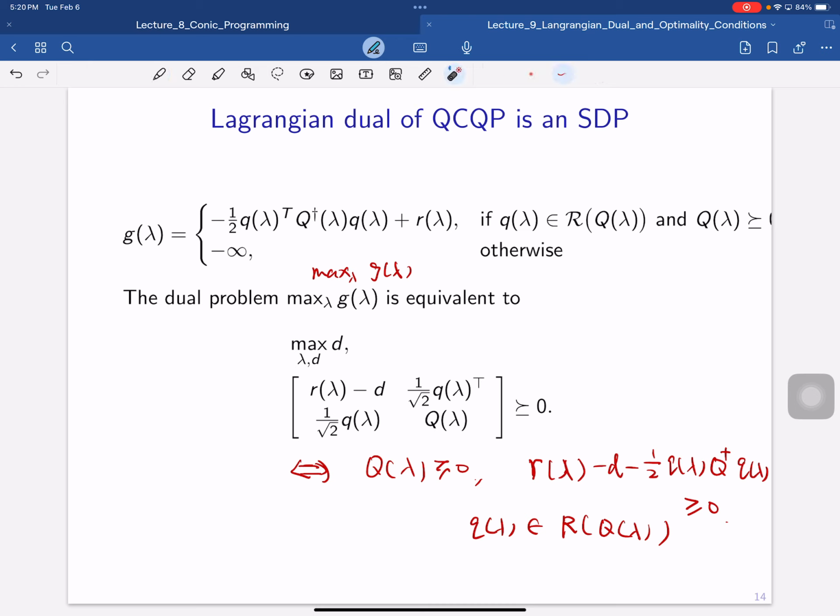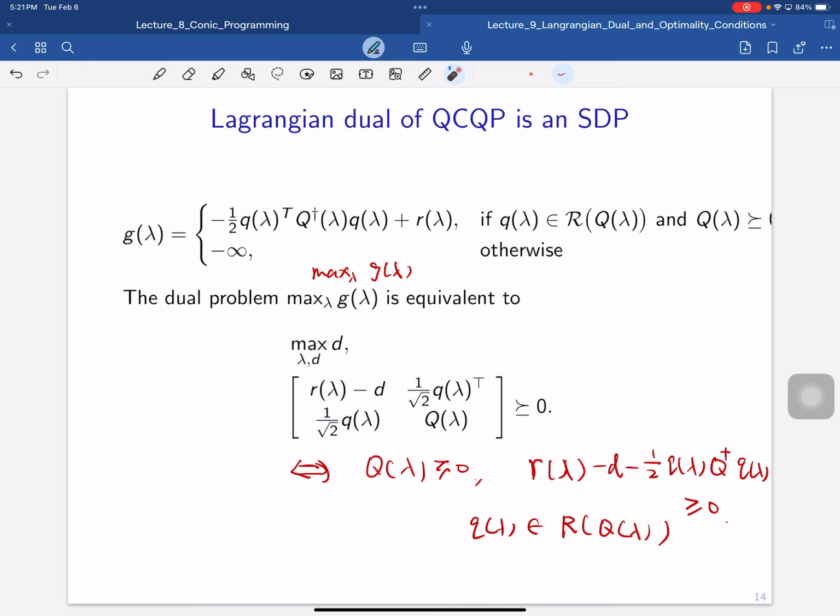Then amazing, right? After using the Schur's lemma, basically we recover something very similar to this condition. If you do the rearrangement of the terms here, in the original term we only have something related to Q and R, but this variable D is what we introduced to represent the objective.